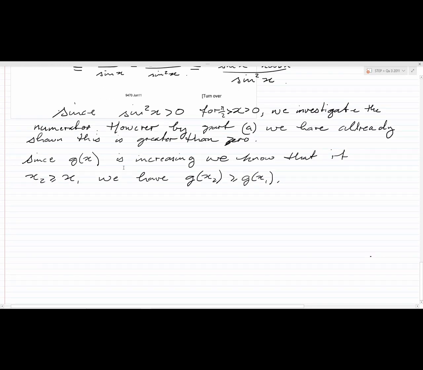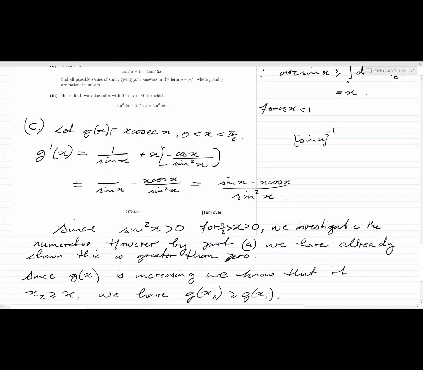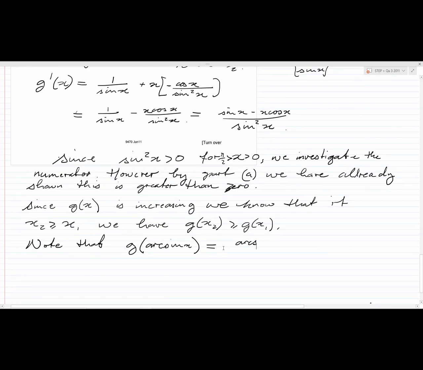Well, let's find out. Note that g composed with arcsine x is going to be equal to, wherever we see an x, we write arcsine x. So we write arcsine x, because we've got x cosec x. So this is g of x, so we write arcsine x here.